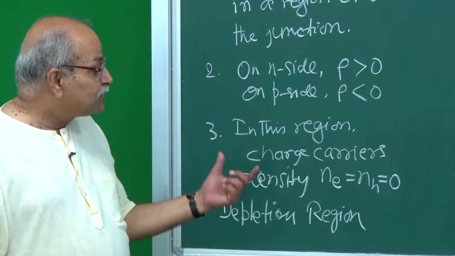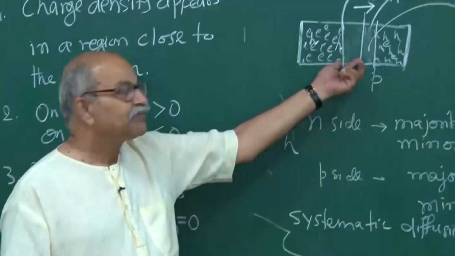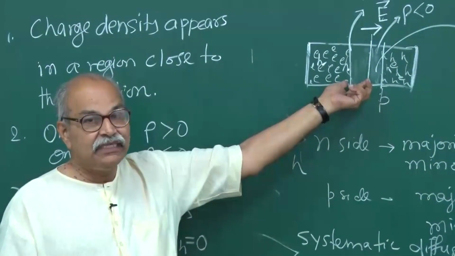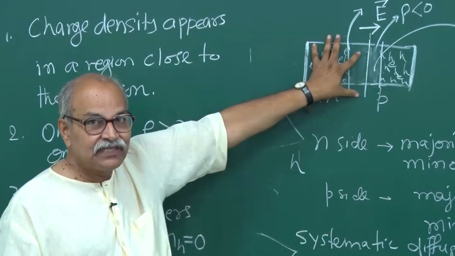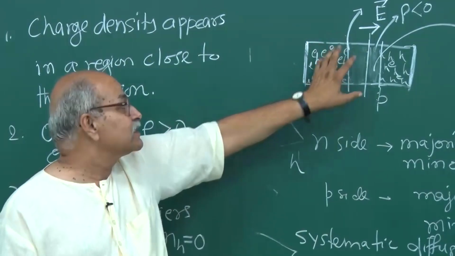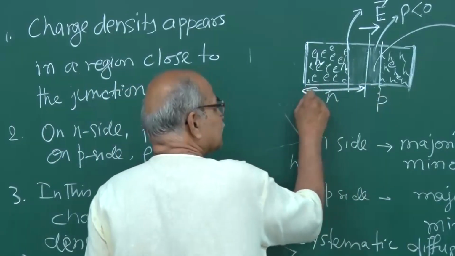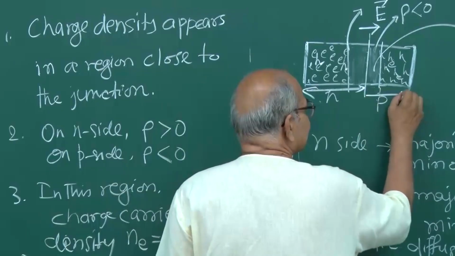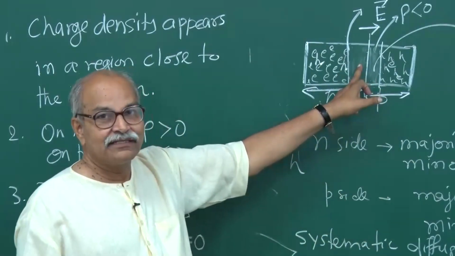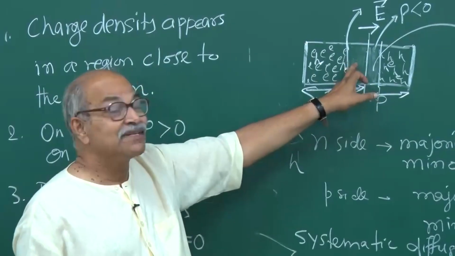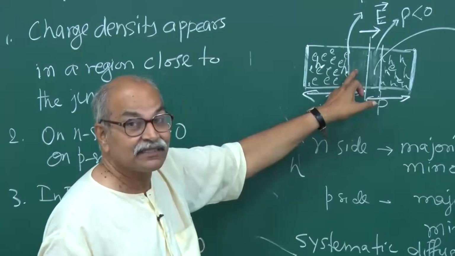Now, what is the width of the depletion region? How much will this width be? That depends on the concentration of the dopants. Okay. Remember, the dopants are there. This is N type up to here, and P type from here to here. So, although there are no charge carriers, this is still N type material. We have diffused those pentavalent impurities here.